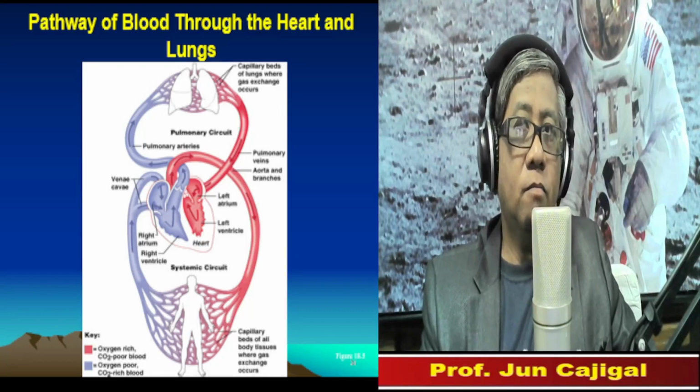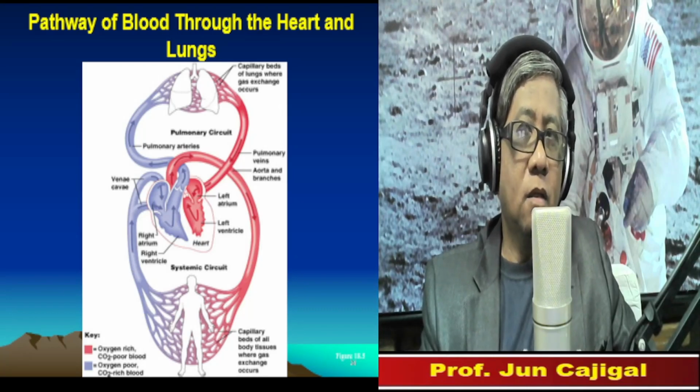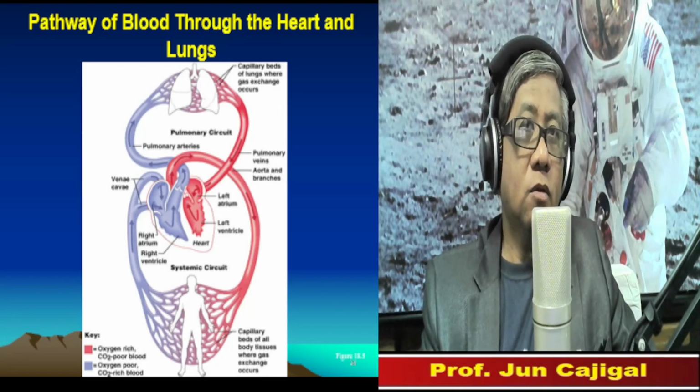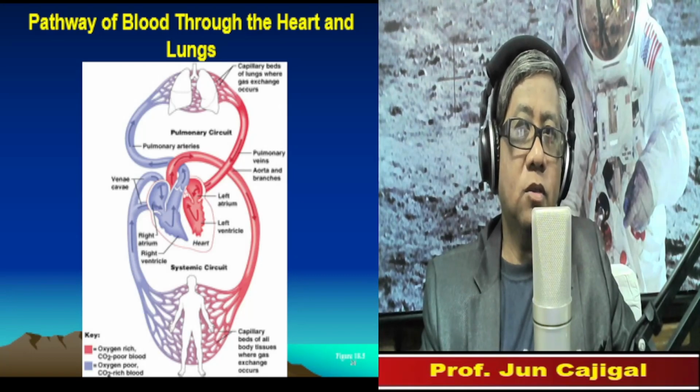So the blood now becomes oxygenated inside the lungs. Then this oxygenated blood passes through the pulmonary vein back to the heart, and eventually the blood rich in oxygen enters the left atrium. So this completes the pulmonary circuit or pulmonary circulation.